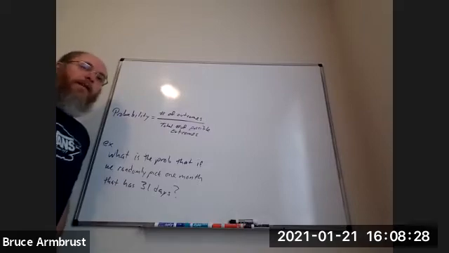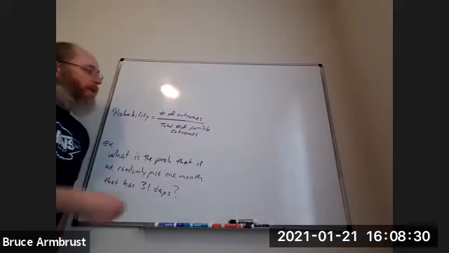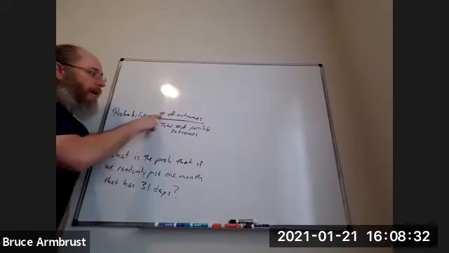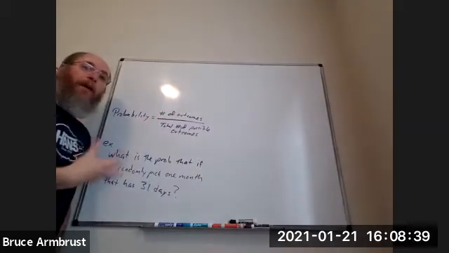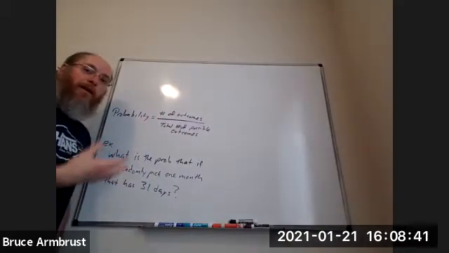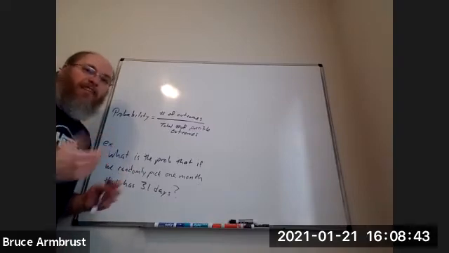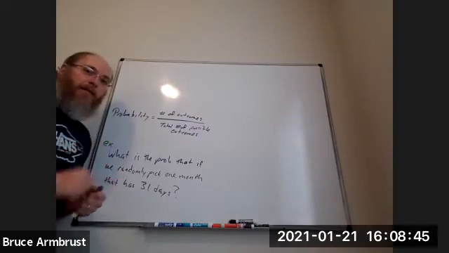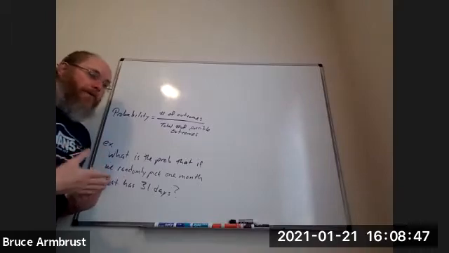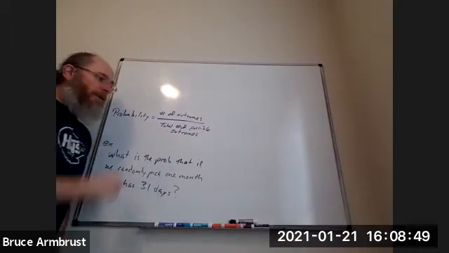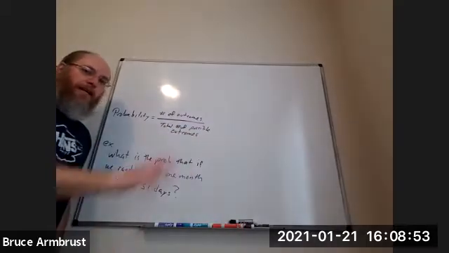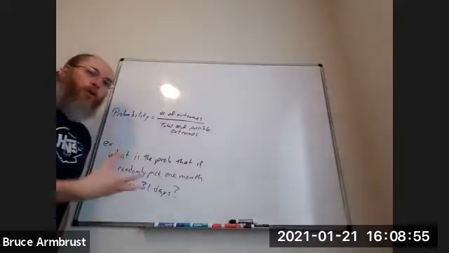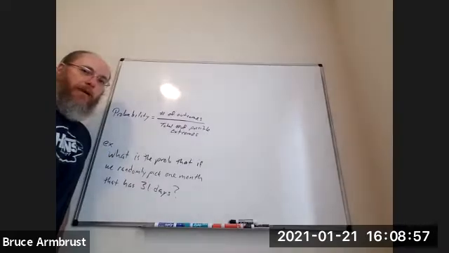All right, so let's just think about how we're going to build this. We need to know 2 things. We need to know how many months have 31 days, right? How many possible outcomes are there that we'd call a success, that we got 31 days? And then we need to know the total number of possible outcomes. If I reach in and grab something out, how many total different possibilities are there?